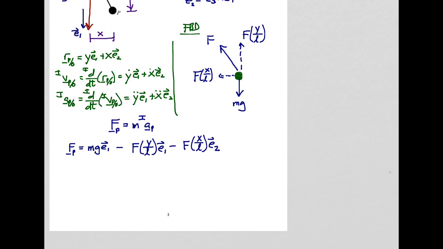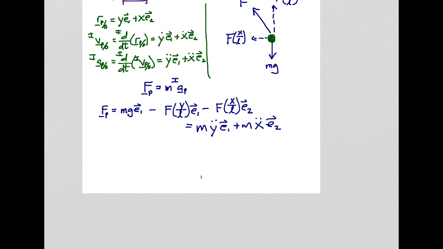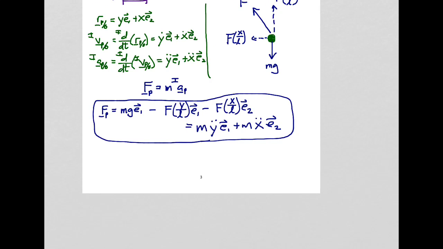So we're going to set this equal to our mass multiplied times our acceleration of point P as observed in the inertial reference frame, which we see here. So it's going to be our mass times y double dot in the E1 direction plus the mass times x double dot in the E2 direction. Alright, so now we've got the vector expression for Newton's second law right here.